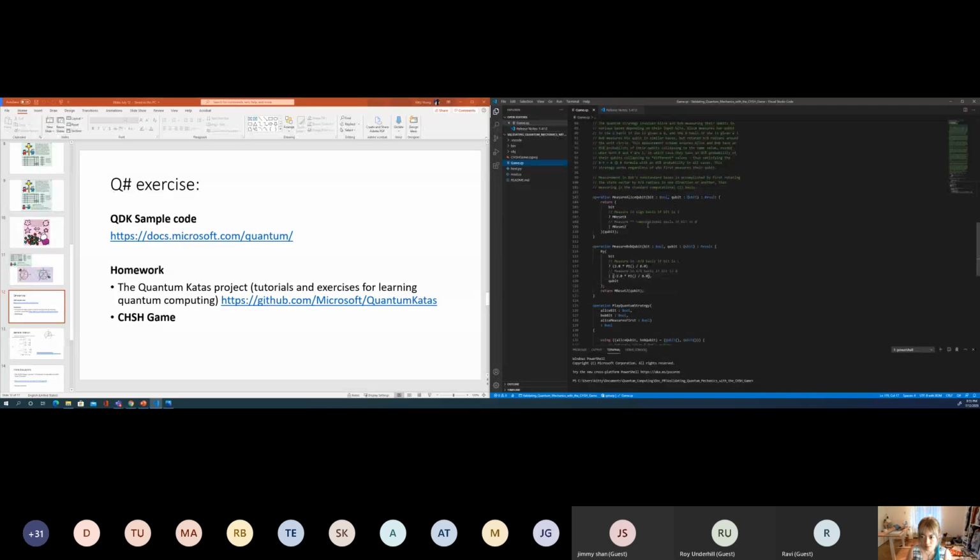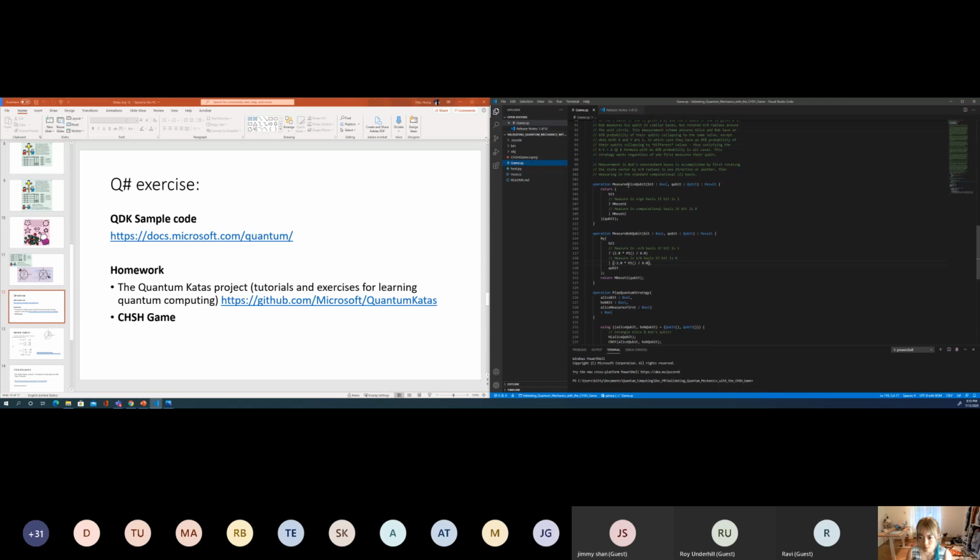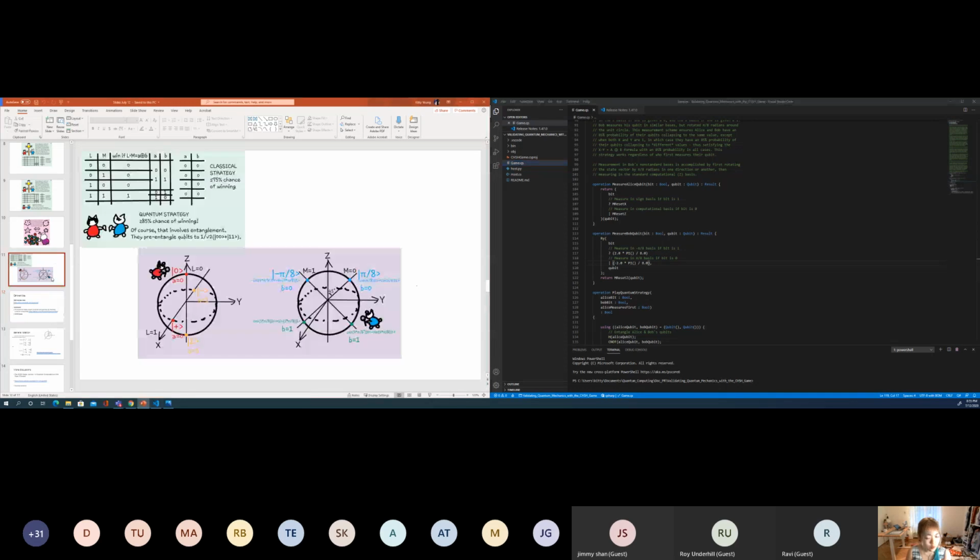It's actually quite simple. Here it wants you to measure Alice's qubit. So Alice is going to measure her qubit in her basis. That's how you can set it up. Measure is M, reset is resetting your qubit back to 0. This is kind of just an initialization step.